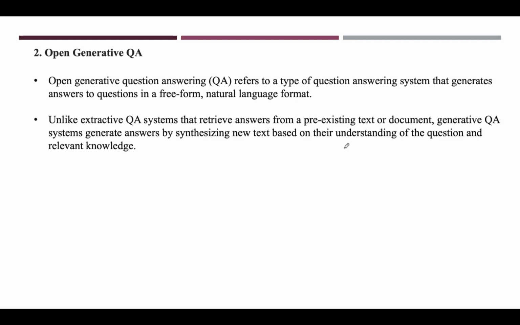And here the answers are generated in a free form, that is in natural language format. This generative QA does not retrieve answers from predetermined or pre-existing text or documents. First they try to understand the question, and based on their understanding of the question as well as relevant knowledge, they generate the answers.